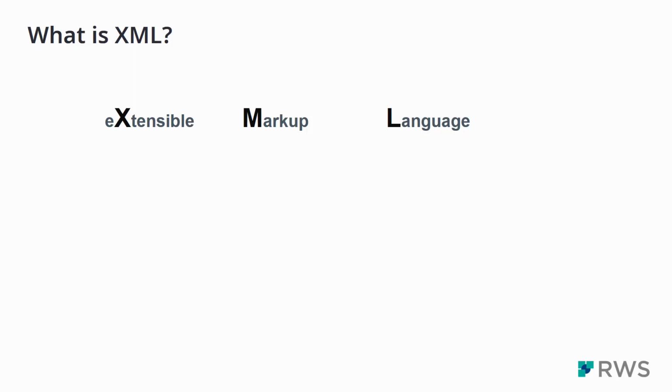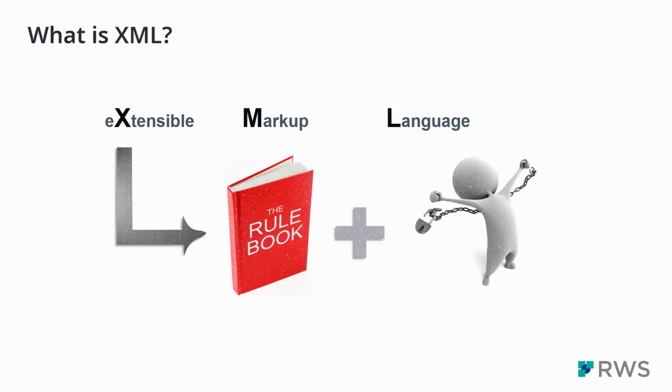So why is it called XML? I'm not really sure. My guess is that it just looked a lot cooler than EML. Although EML might be an email format, I'm not sure. But it's called XML, which stands for Extensible Markup Language. Now the important part here is that extensible bit.